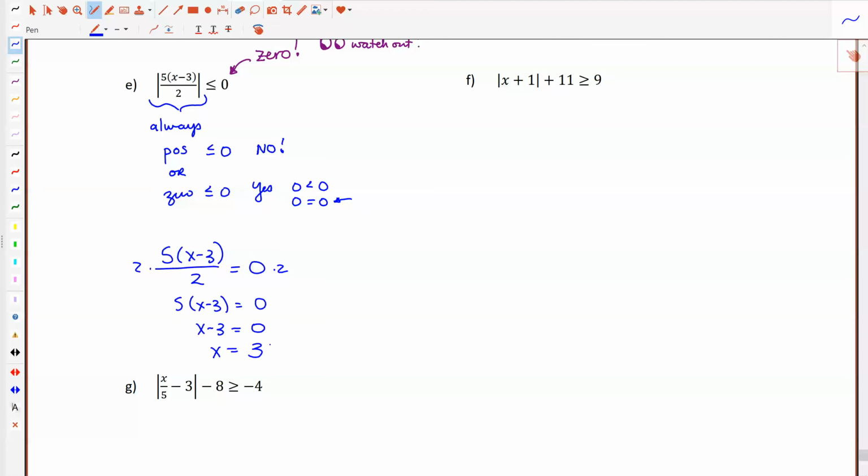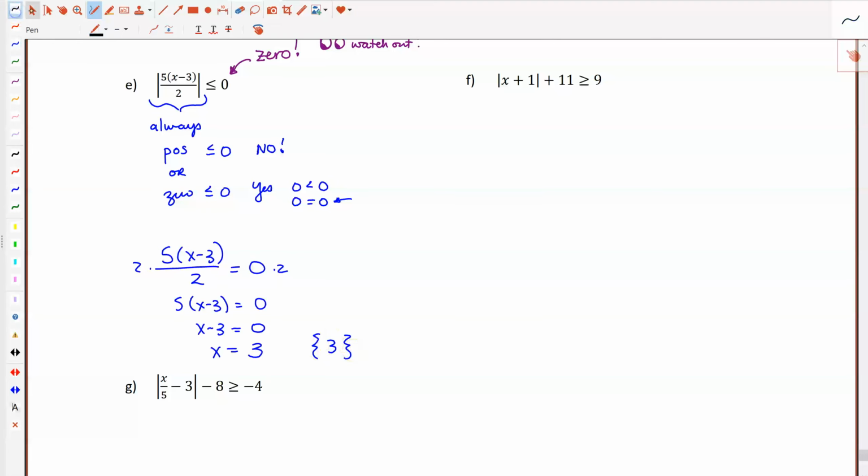So in this case, I don't write my answer as an interval because it's not a whole bunch of values that will work. It's just this one value. The only value that makes this inequality make sense is if x equals 3, and it will satisfy the equal part of my inequality. So I don't write it in interval notation. I would write it in set notation, a solution set, so I would just put the 3 inside the braces.